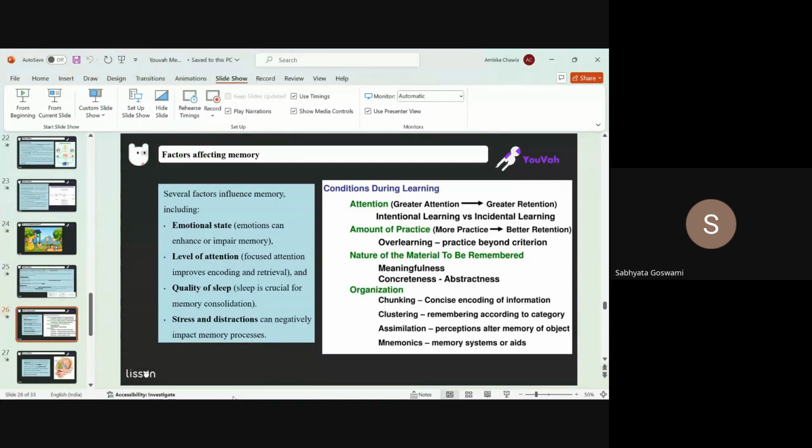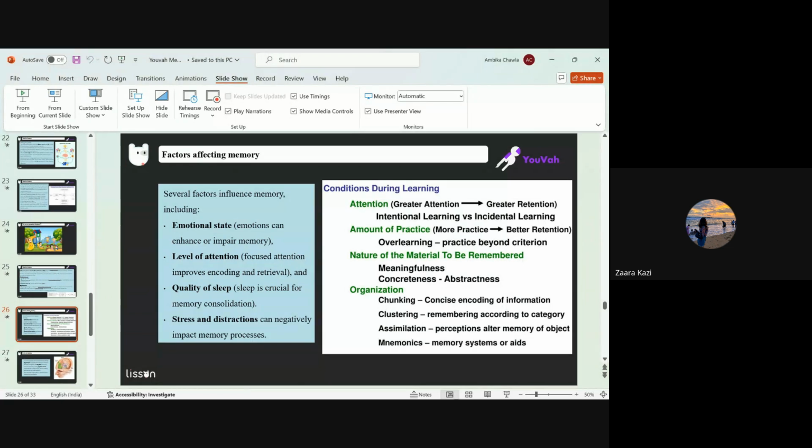Other factors are the level of attention and the quality of sleep. When we are sleep deprived, there might be grogginess or cloudiness in our head. Stress and distraction can also negatively impact memories. Along with that, the amount of practice, that is, how many times we're rehearsing it. Yes, Zara?